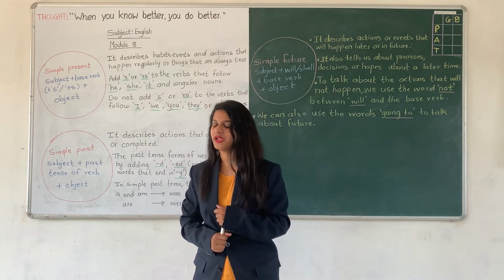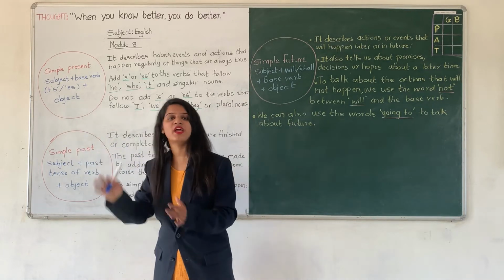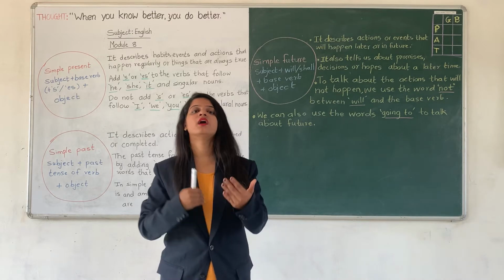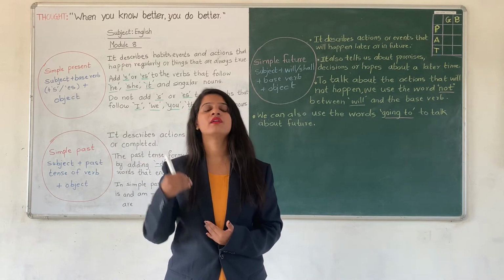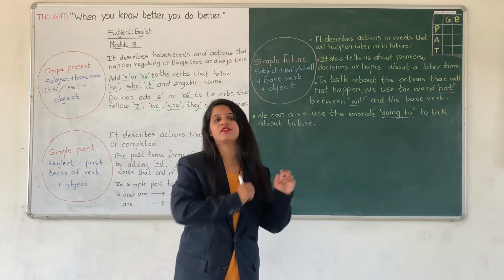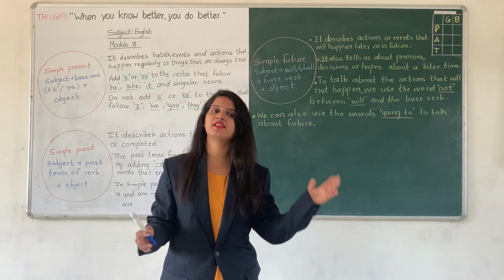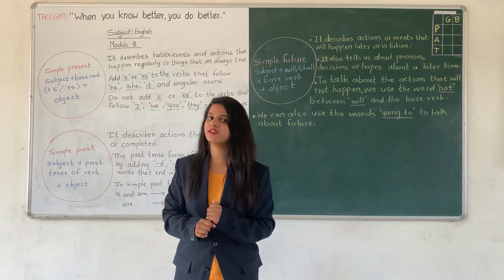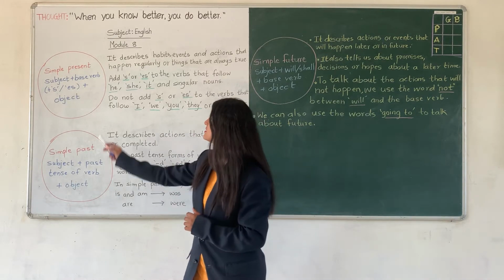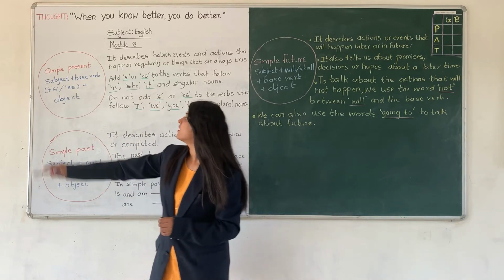And at the end of the sentence what will come? Object. Object means the thing or someone who receives the action. The action done by the subject is received by the object. So this is the rule for writing the simple present tense.